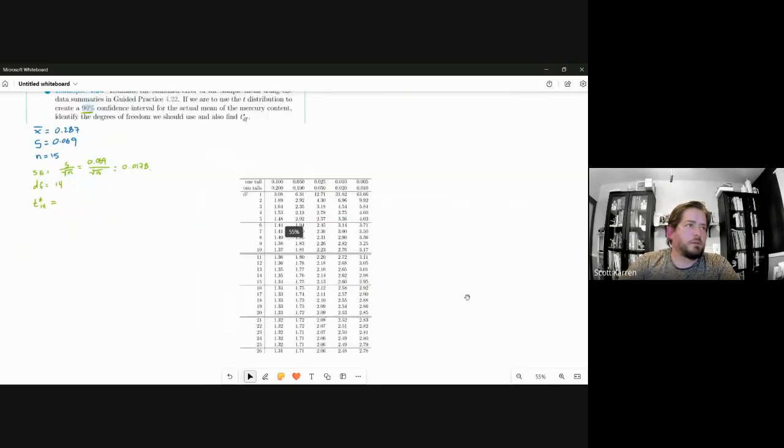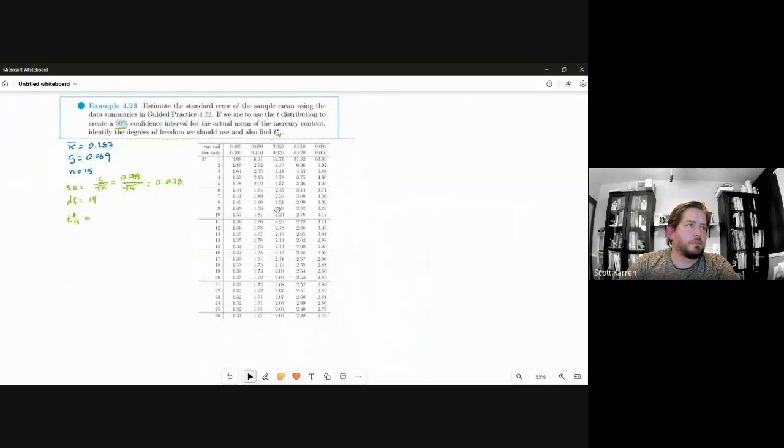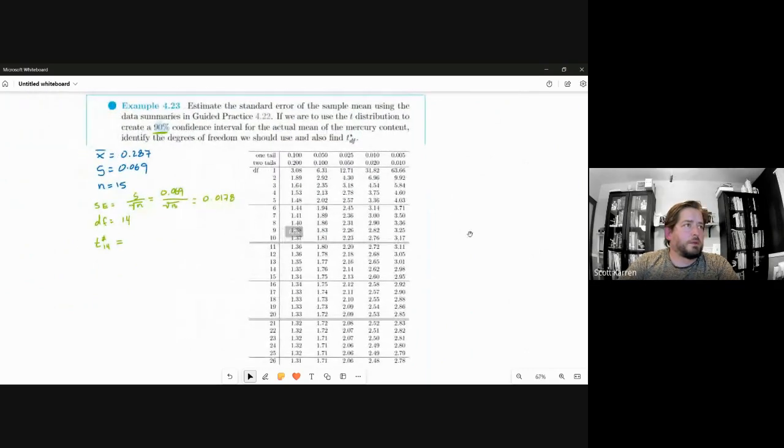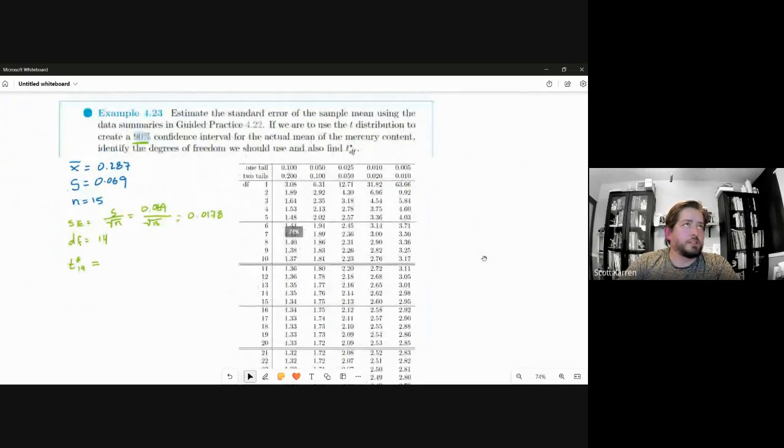All right, so 14 is on this chart, which is on page 193 in the ebook that we're using. So I have 14 degrees of freedom.